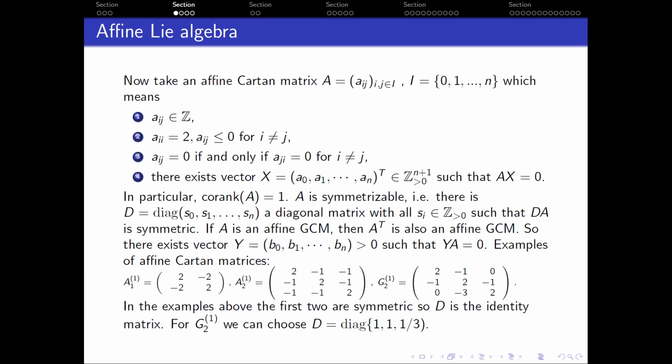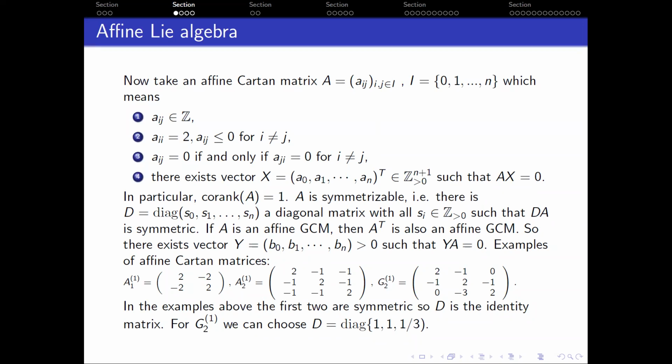Look at any integral matrix satisfying similar properties, but take out the positive definiteness, which is satisfied by a Cartan matrix. And then the Lie algebra that it generates via generators and relations, that's what is called a Kac-Moody Lie algebra.